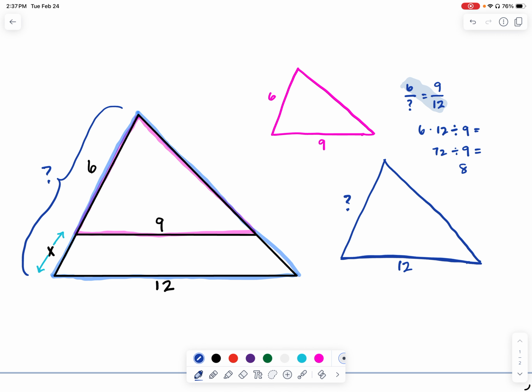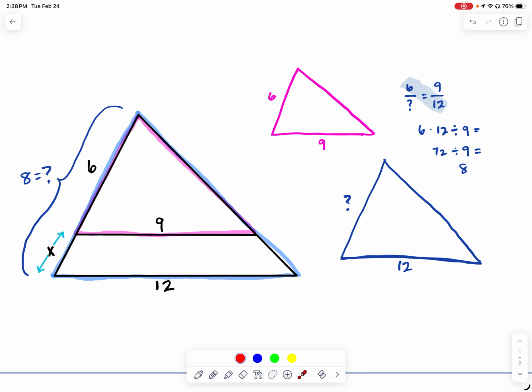This is really the same process that we've used to solve other problems. Now, here's where the last little step comes in. What I have to remember is that 8 is not really the thing that they were asking for. 8 is the total length of this left-hand side over here that includes the 6 and this little unknown piece.